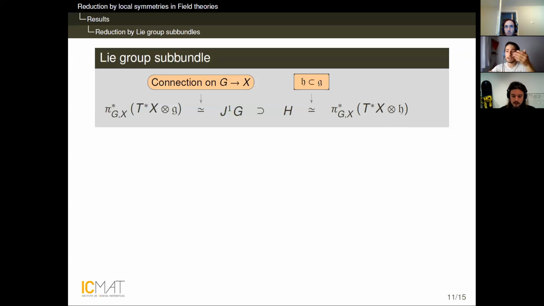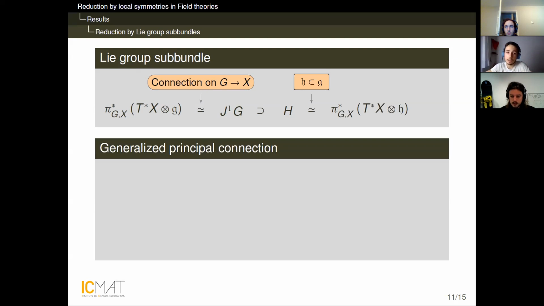So we have an analogous one to principal connections, and those are generalized principal connections on generalized principal bundles. In terms of one forms, a generalized principal connection is a one form on the total space E, taking values on this matrix G, which now is not a Lie algebra, but a Lie algebra bundle.